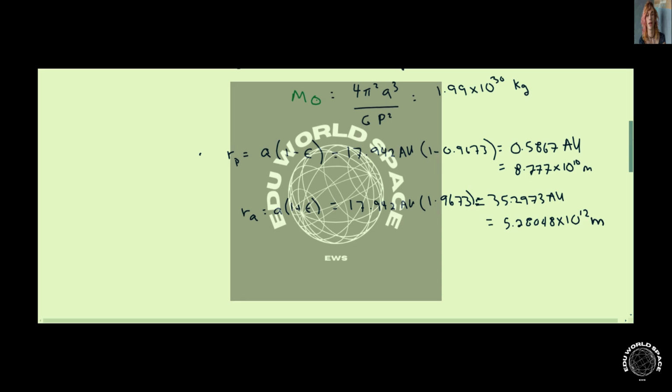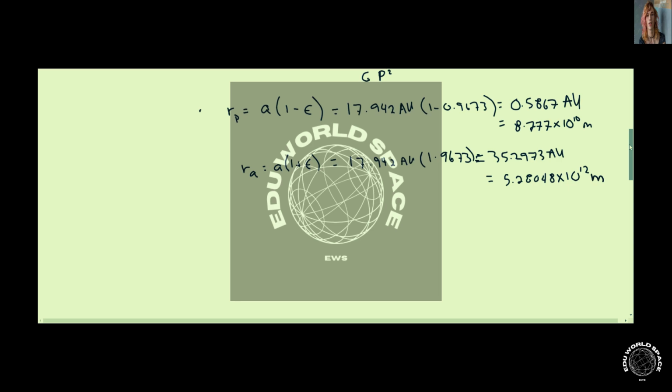But notice that the aphelion distance is almost 2 times the semimajor axis, almost the full length of that major axis away. And again, we can put this in meters. And I'm keeping the sig figs because I am going to need to work with velocities.